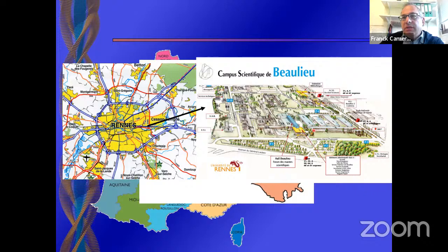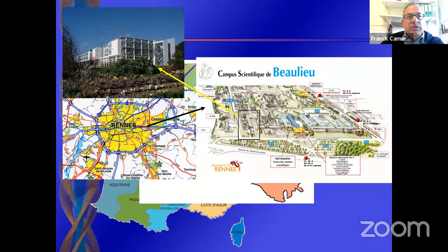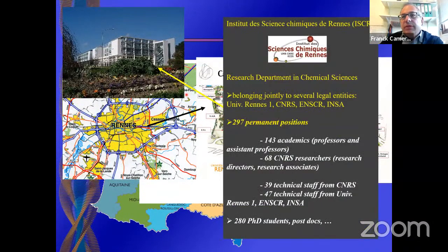You have many buildings in this campus, and we are here in building 10. This is a picture of building 10, and this building is called Institut des Sciences Chimiques de Rennes. It is a building catering almost all the chemistry in Rennes.